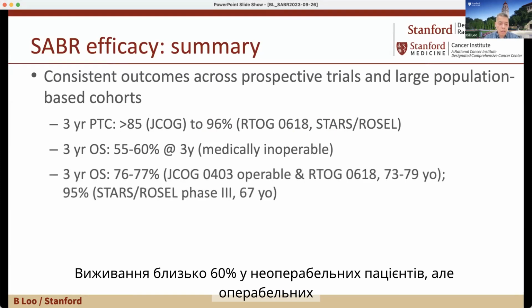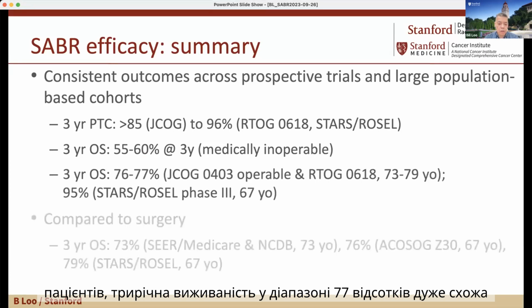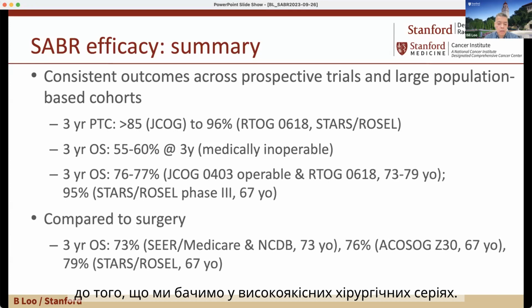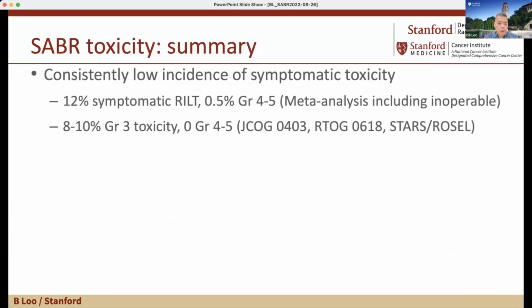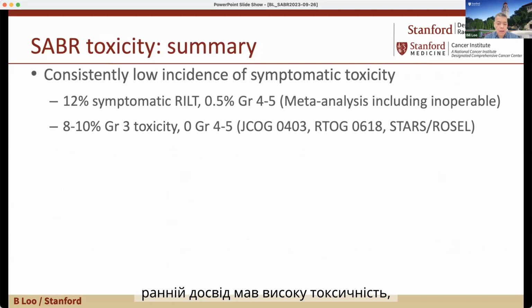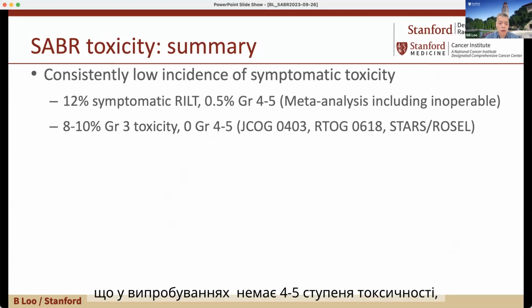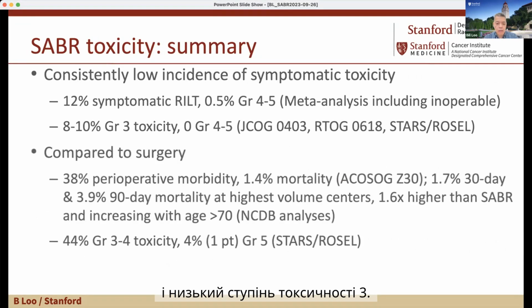But for operable patients, 3-year survival in the 77% range, very similar to what we see in high quality surgical series. Whereas in terms of toxicity, all of the early experiences with SABR had high-grade toxicities, but as the field has matured, you can see that in the cooperative group trials, really no grade 4 or 5 toxicities and low grade 3 toxicity.